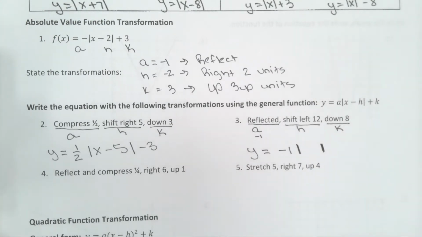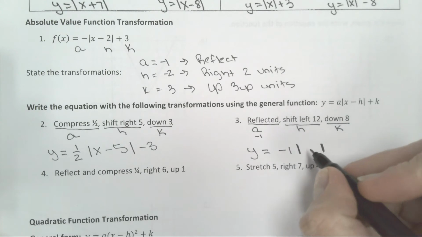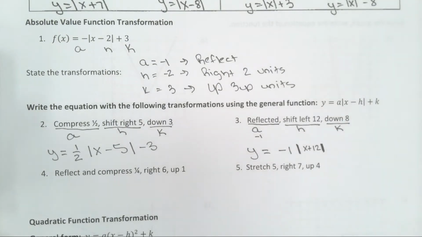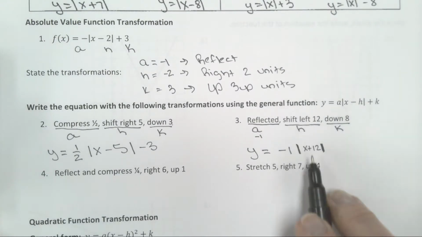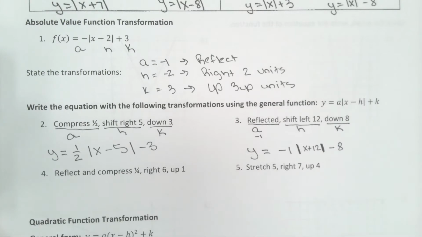I'm going to make my absolute values a little bolder so it doesn't blend with my -1. If I move left 12, that means it's going to look like x plus 12, because your x always lies. And then down 8 means it's going to go -8.